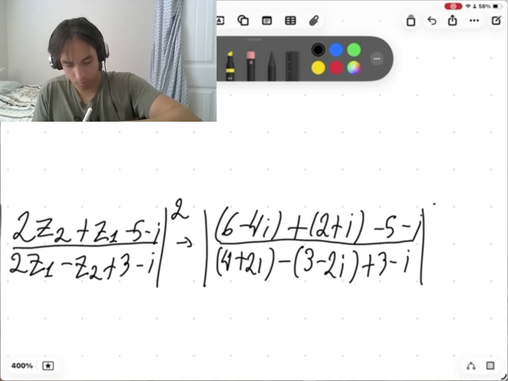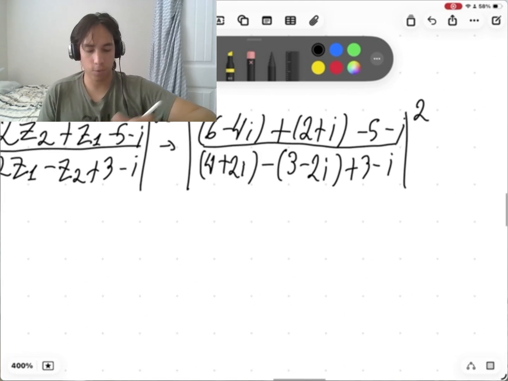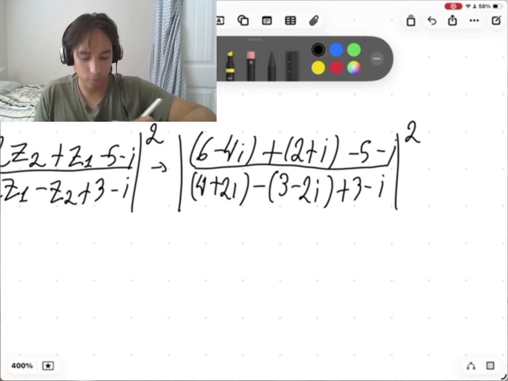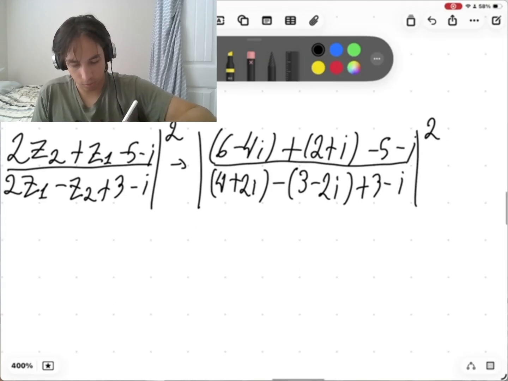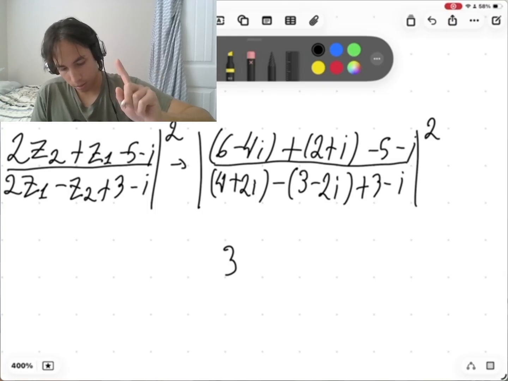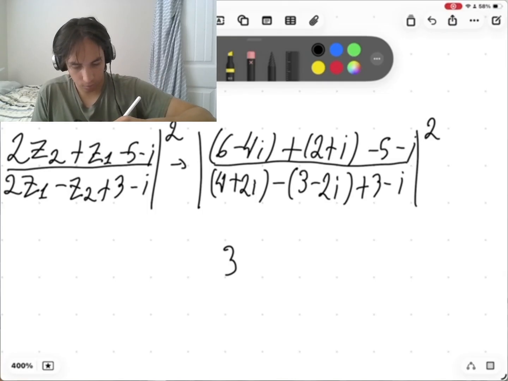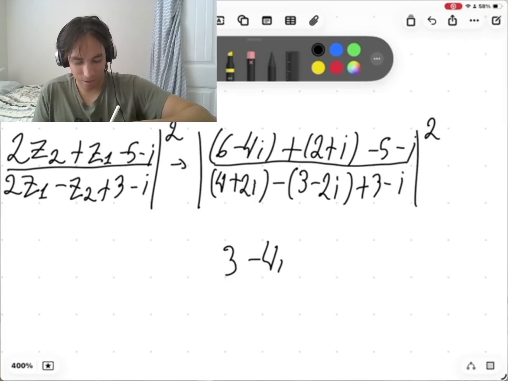So the value squared. All right, and from here we can see things much more clearly. So 6 plus 2 minus 5, that's 3. Negative 4 plus 1 is negative 3, minus 1 is negative 4, so negative 4i.